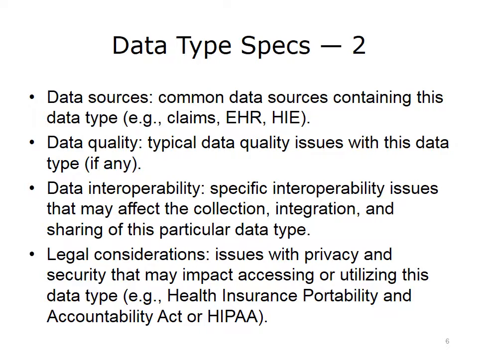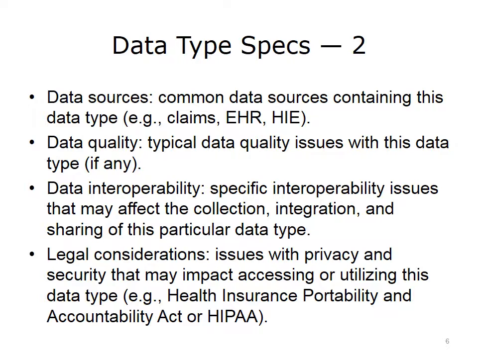Data quality will discuss common and potential data quality issues with the data type that may affect population health analytics adversely. Data interoperability explains specific interoperability issues that may affect the collection, integration, and sharing of this particular data type, and how that will limit the use of this data type in the development of population health data systems.